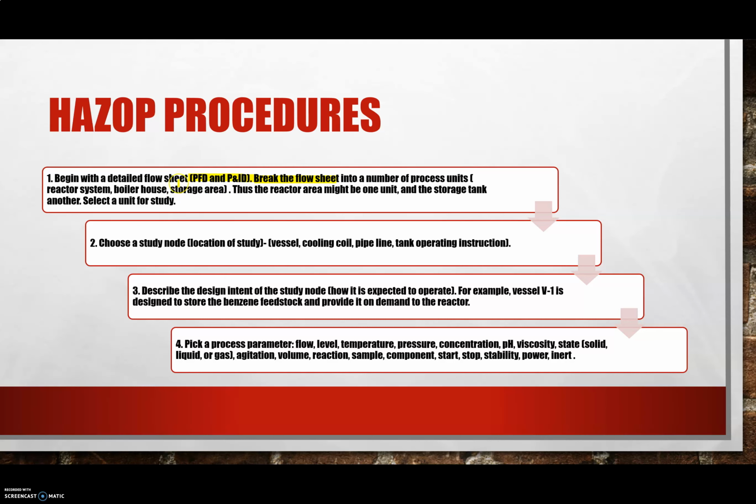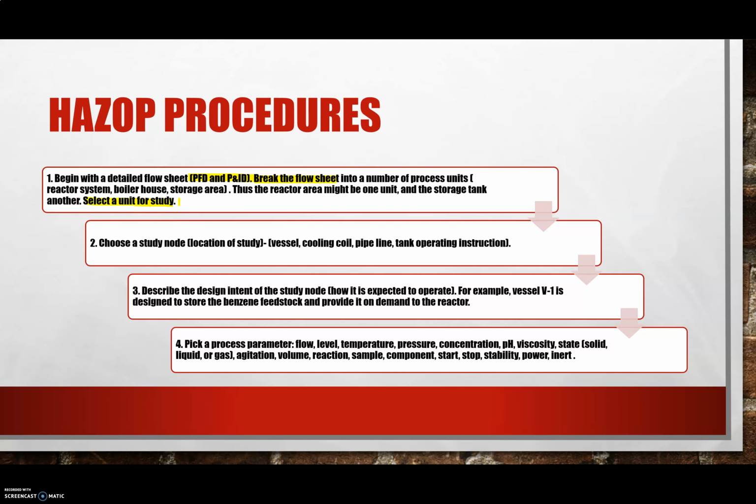For example, the reactor system: you have your reactor area, which you can consider as one unit, your storage as one unit, your column one unit, your heat exchanger one unit. So you already select a unit for this HAZOP study.